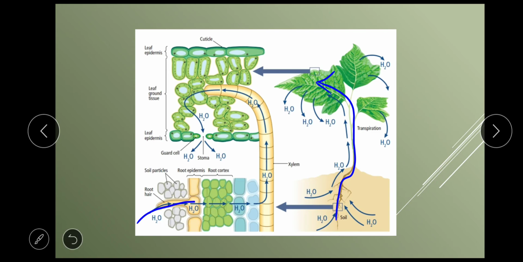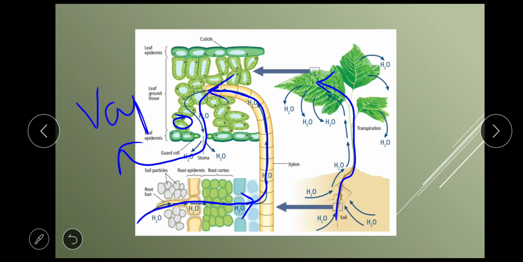From here water went inside. From the xylem, this water is going inside the leaf, and inside the leaf you can see there are small cells of the leaf. From here this water goes out from the empty space in the form of vapor.